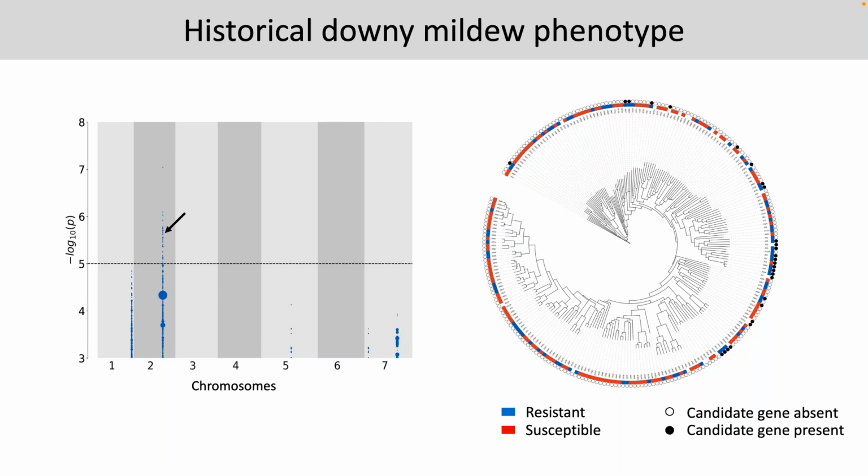I was interested to see how many lines carry this resistance locus, which we found on chromosome 2, and only 8% of the lines carry this locus, which I've indicated on the outer circle with black filled dots. Those lines which are unfilled don't have this locus. Interestingly, this locus is present on one side of the tree. The other side of the tree doesn't have this gene present.